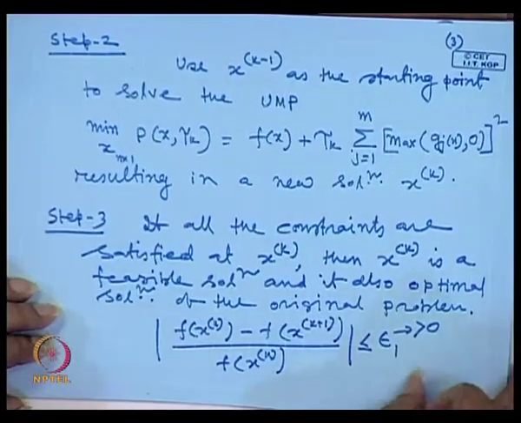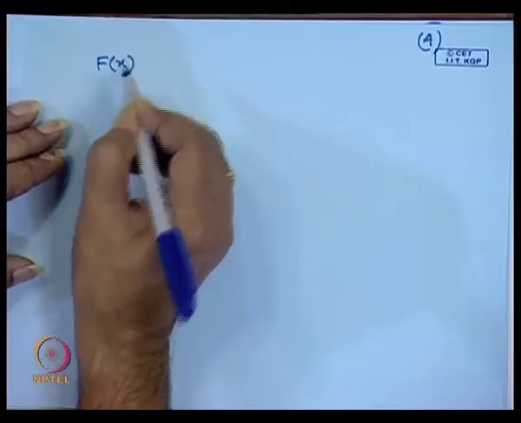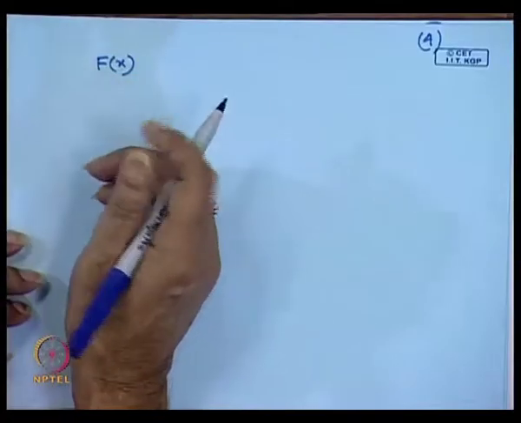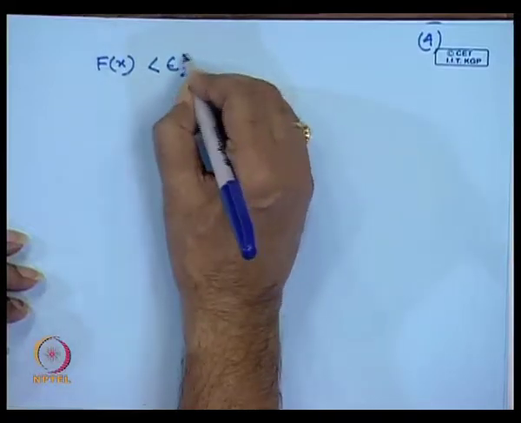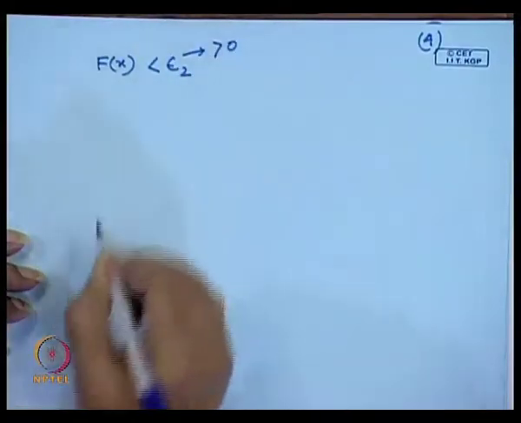Another stopping criterion is that you find the penalty function; so long as it is in the infeasible region, that value is positive. If this value is less than some epsilon, epsilon greater than 0, we stop.